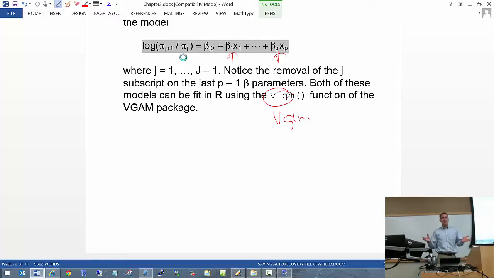There's a variety of different models out there. Proportional odds is the most popular. That doesn't necessarily mean it works well in every single situation, but I can't go over all those models, so that's why I bring that one up, since it's a very popular one.